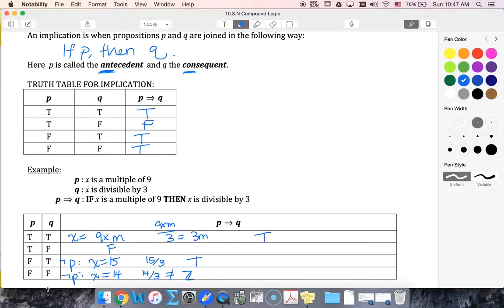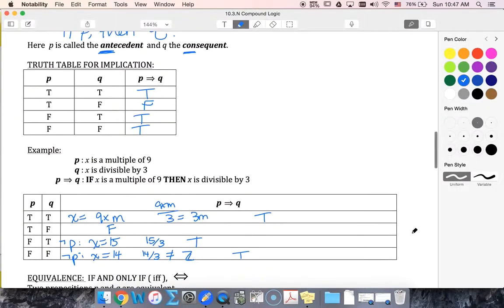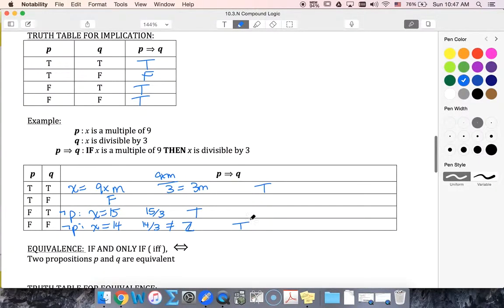So both of those things being false, if not P happens, then Q can also be false. That's also a true statement. So again, my implication, both are true, or the first one is false, leads to a true implication.